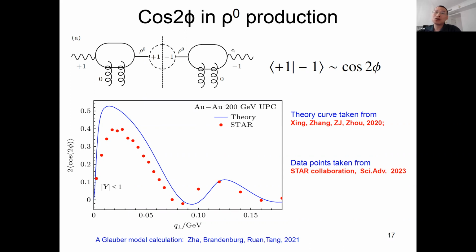In the conjugate amplitude, both incoming photons carry -1 unit of spin angular momentum. So then it naturally leads to cosine 4 phi as the main asymmetry in the final states.